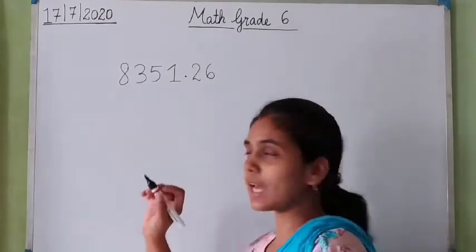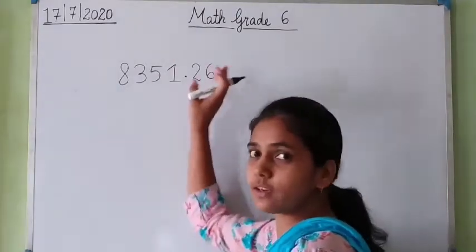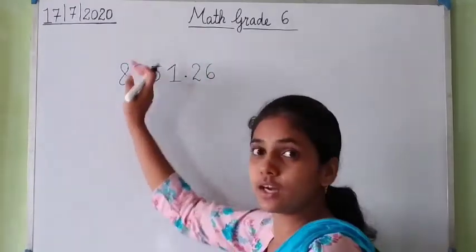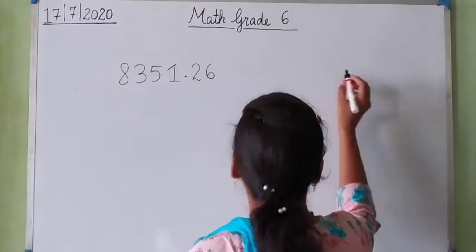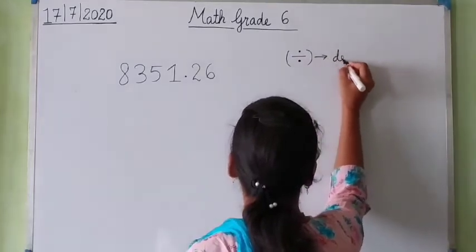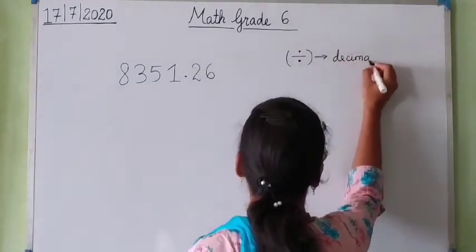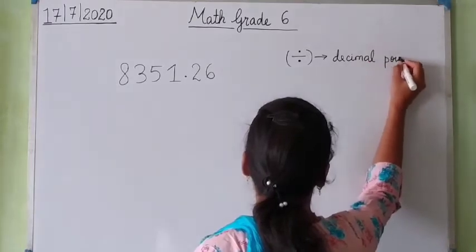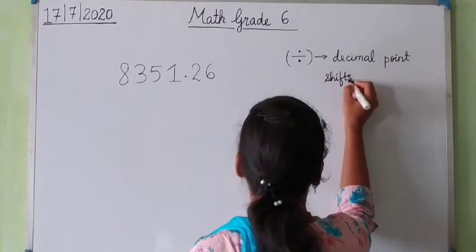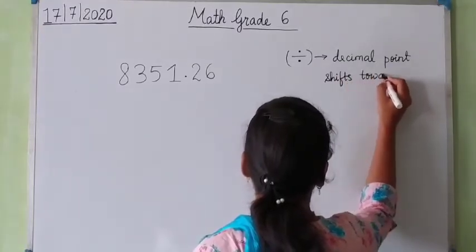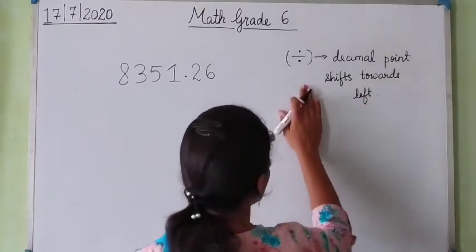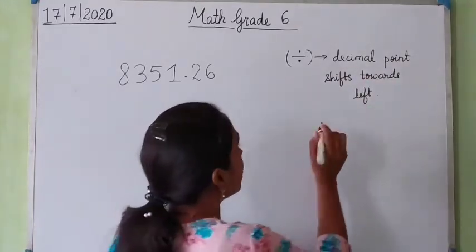In multiplication we saw the decimal point moves towards the right. So in division the decimal point moves towards the left. Okay, so in division the decimal point shifts towards the left.